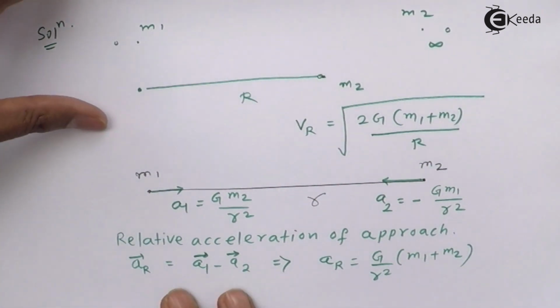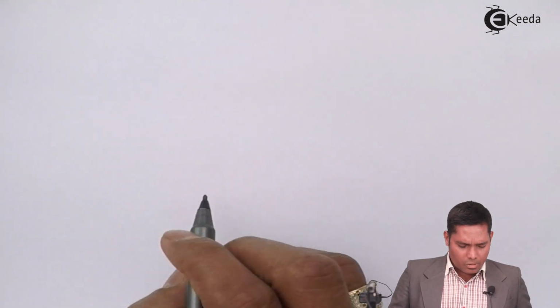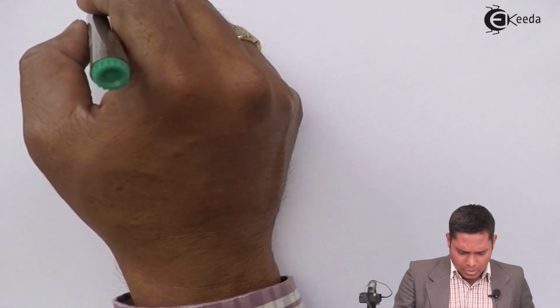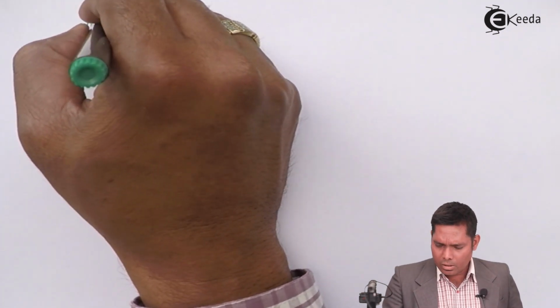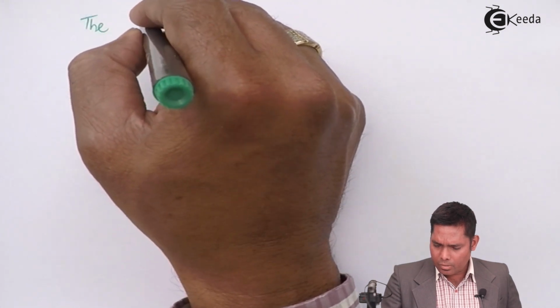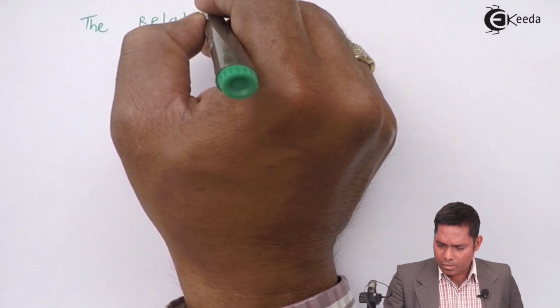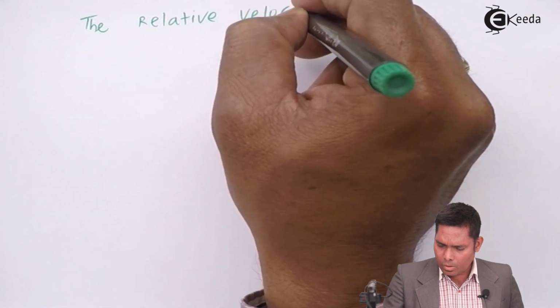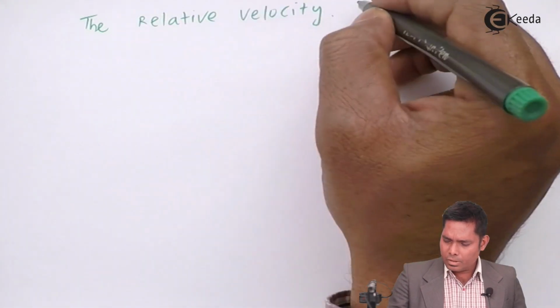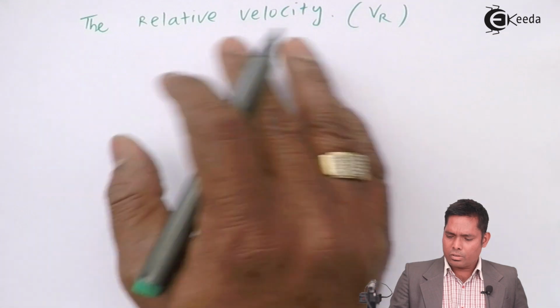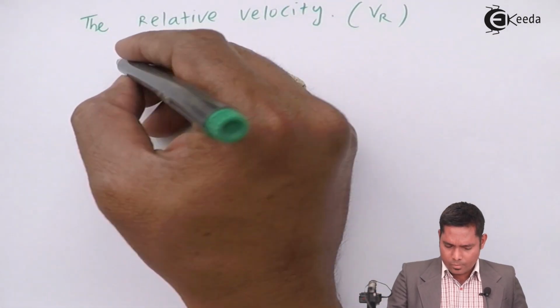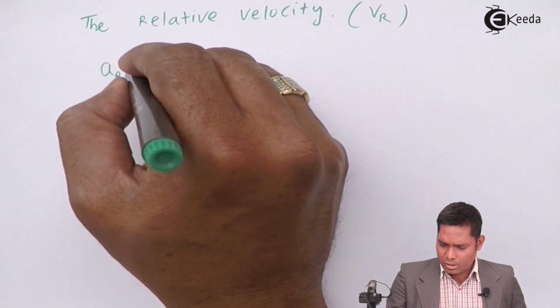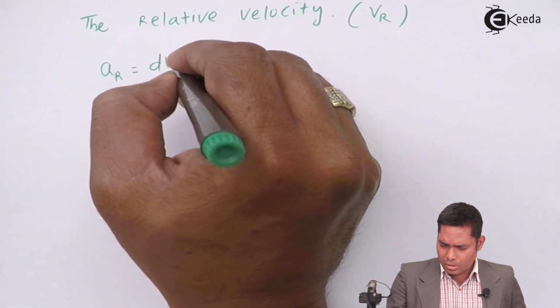Once I know the relative acceleration, I have to find the relative velocity, say VR, the relative velocity of approach. The relative acceleration is dVr over dt.